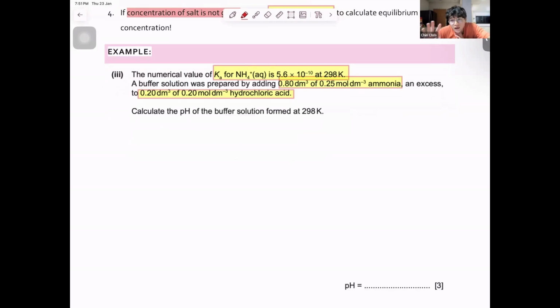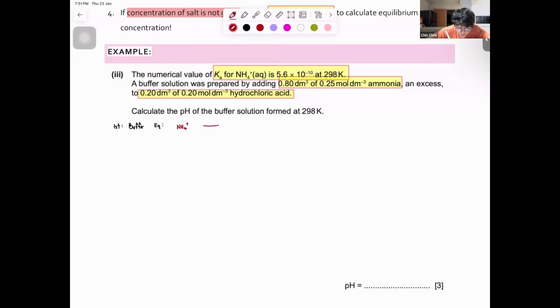So guys, again, first step, it's always to construct your buffer equation first. Again, if you're stuck, just construct your buffer equation. So my buffer equation is what? NH4+, remember, it's always a weak acid dissociation equation.